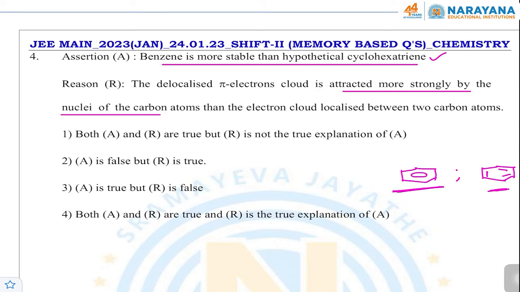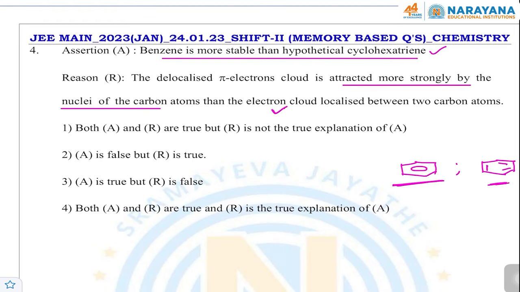And this delocalization of electrons leads to strong attraction with the carbon and stabilizes the benzene. Therefore this is also a correct statement and explains statement 1. So you can see that both are correct statements and the reason is the correct explanation of statement 1 given.